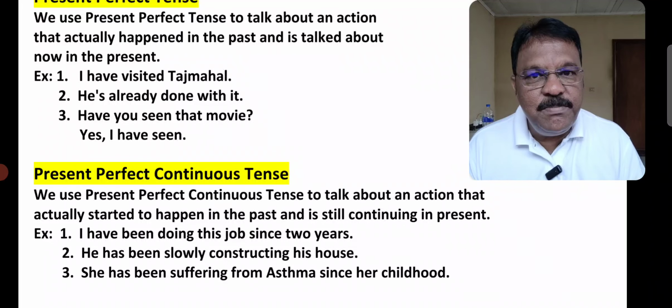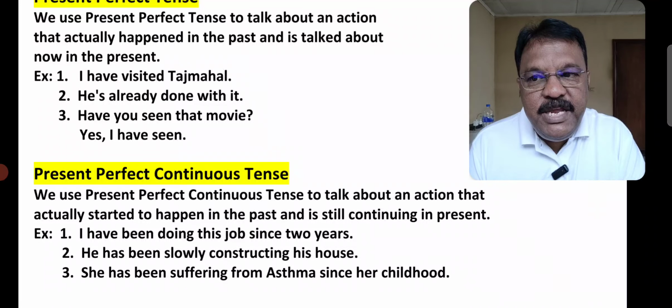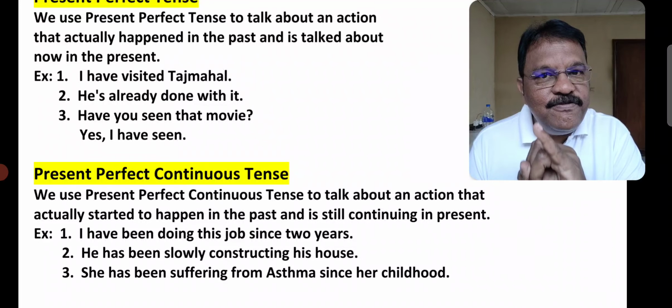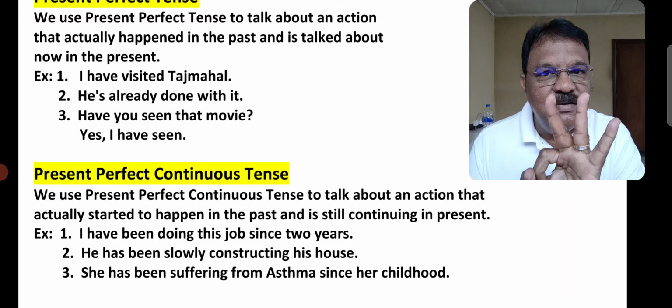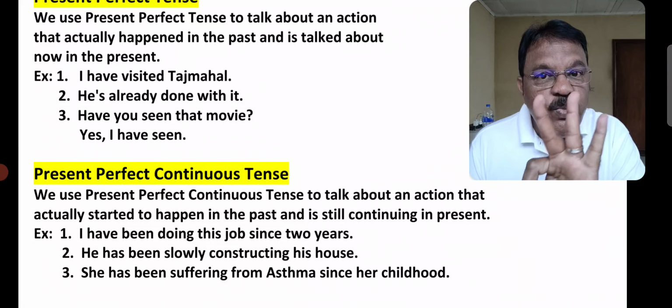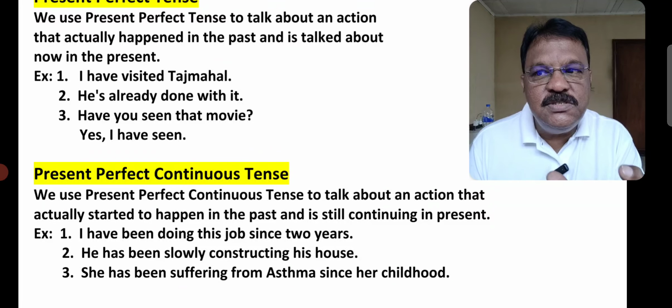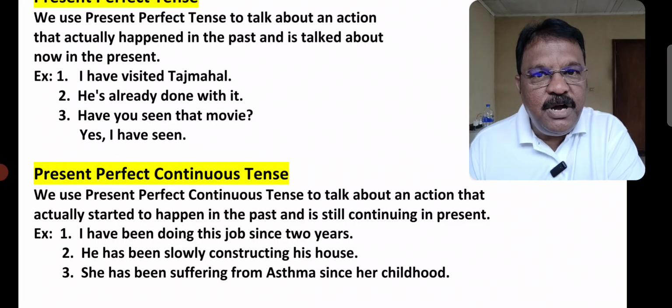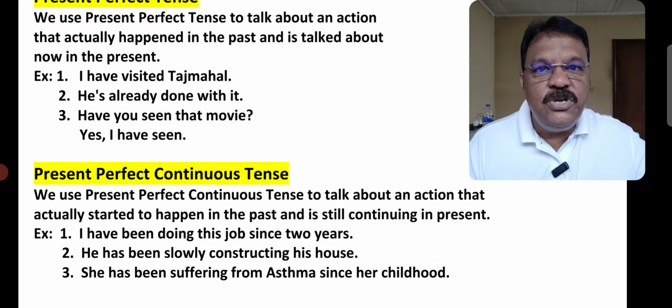Look at the first example. I have been doing. These three words together compose the present perfect continuous tense to mean the action started in the past but is still continuing in the present also.